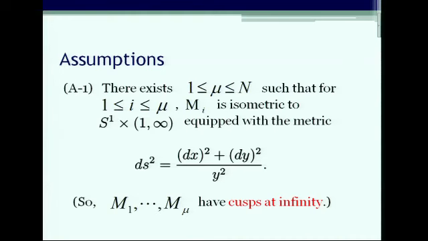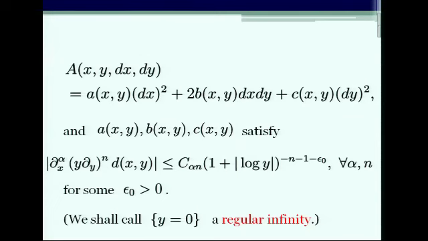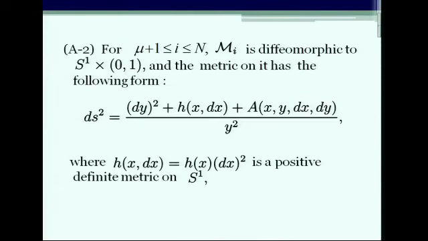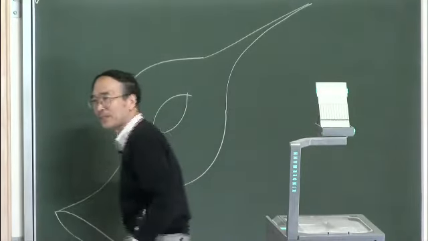And the other ends are diffeomorphic to S¹ times (0,1), and the metric has this form, dy squared plus dx squared. So this is a standard small perturbation of the regular infinity.